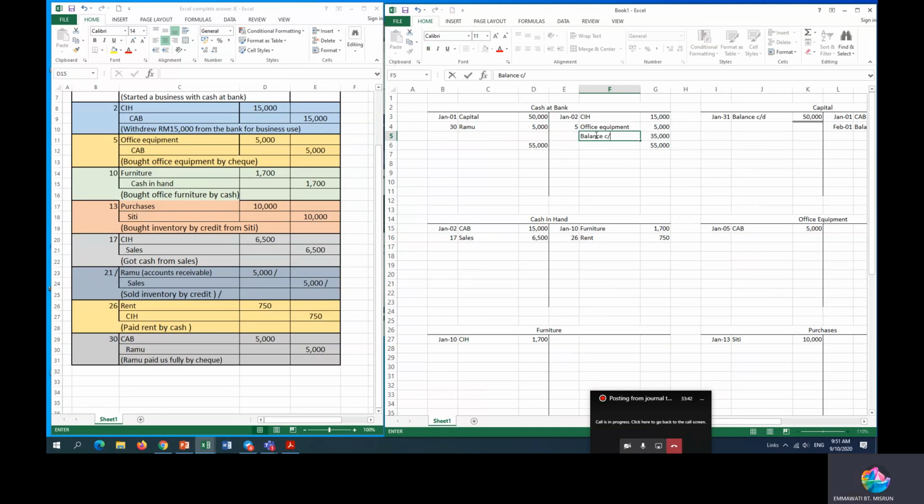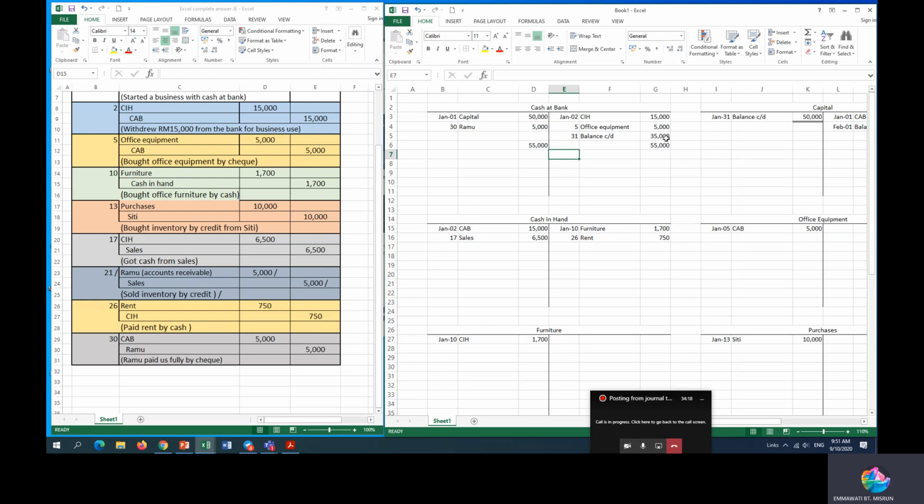Balance C/D, carried down, baki akhir, ending balance. The last day of January is the 31st. So on January 31st, you have balance C/D of 35,000. How do you get 35,000? From the bigger amount, the 55,000 on the debit side of cash at bank, you minus 15,000 and 5,000.